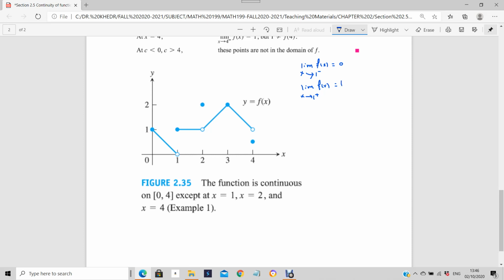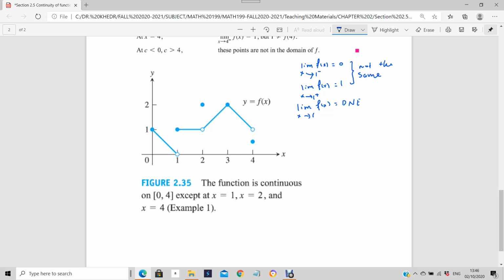You can see the two side limits are not equal. So limit f of x as x goes to 1 does not exist, simply because these two limits are not the same. They are different.